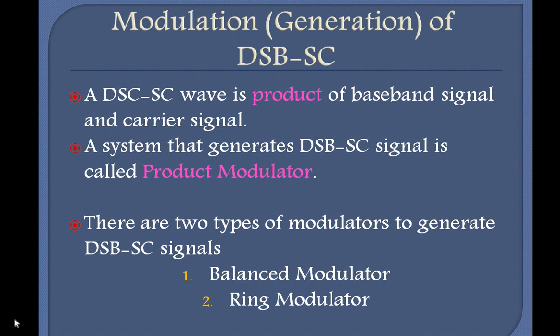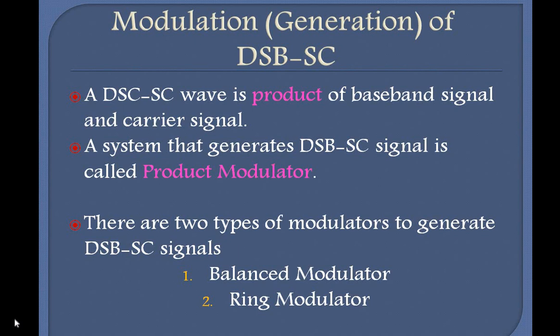So we are generating a DSB-SC signal. What does a DSB-SC signal actually consist of? Only the sideband signals or the message signal without any carrier. We have to suppress the carrier to an approximately negligible level.